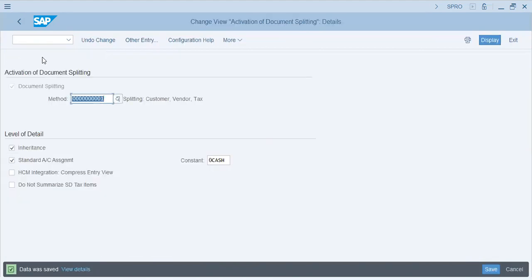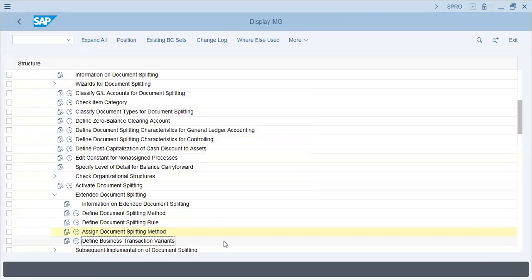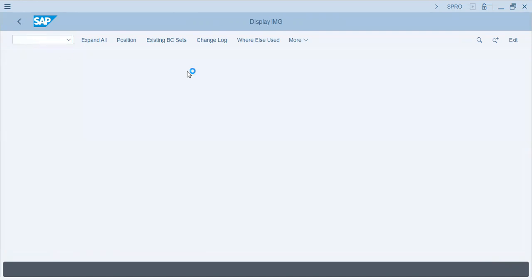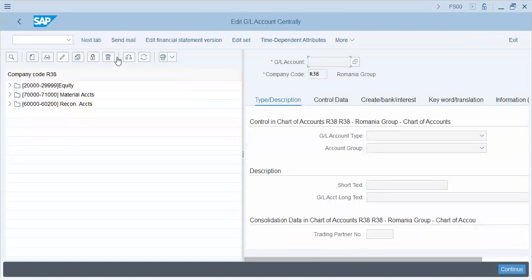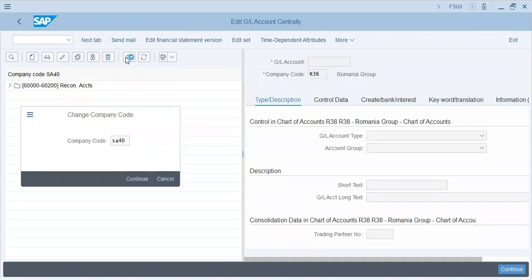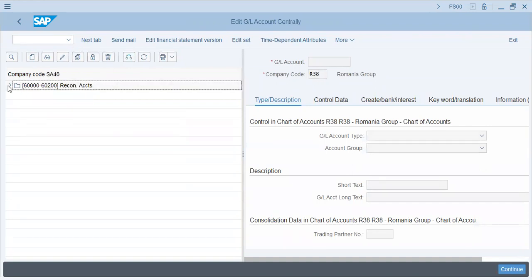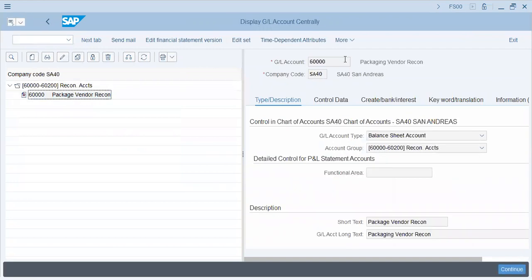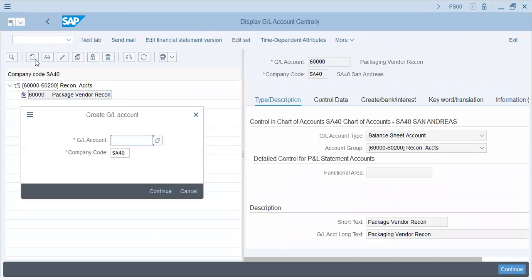Enter. Okay, we are done. Now we will go for FS00. SA40 recon accounts. Package vendor recon. Okay. This is what we have made. We'll make another one.